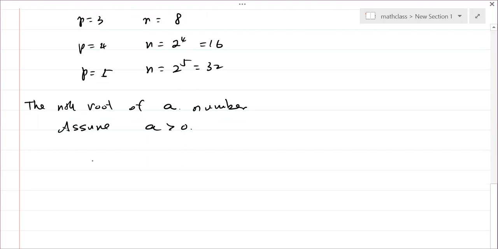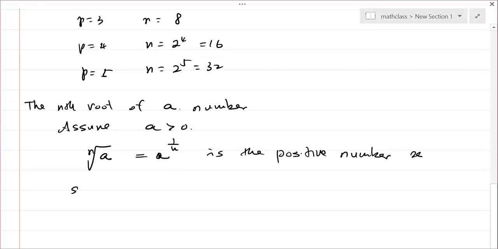So the nth root is also denoted by this form, a to the power 1/n, the same notation. This is the positive number x such that x to the power n equals a.